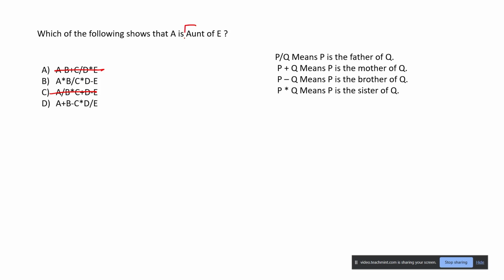Now, if you observe the word aunt, okay, guys, I will tell you the shortcut later, but for now, just think. You are left with only two more options. So, to find out the exact answer, how many diagrams do you need to write? For example, you are left with two options. Let us take option B and option D. If you want to find out which of those two options is the accurate one, how many diagrams do you need to write or draw?